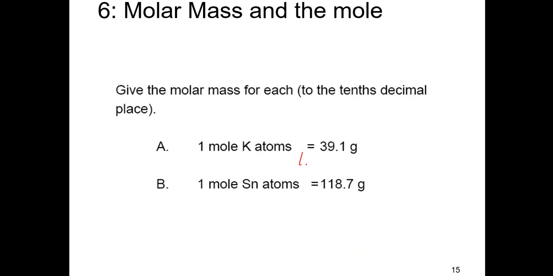Alright, so that's pretty straightforward. Let's go ahead and make it a little bit more complicated. You could be asked to figure out the molar mass of a molecule or a formula unit.